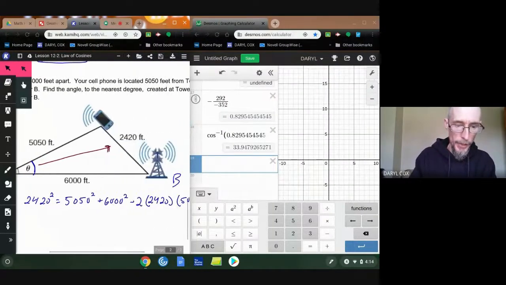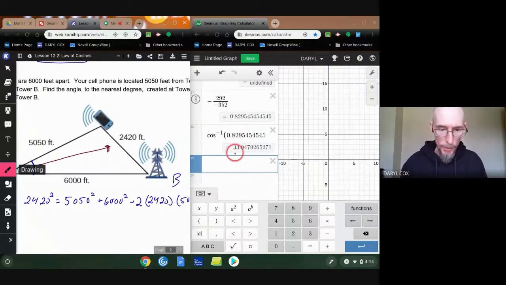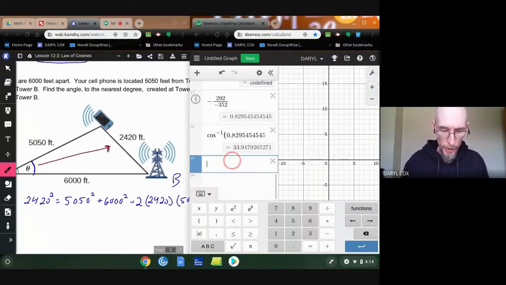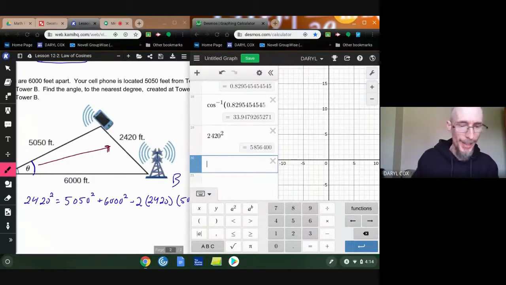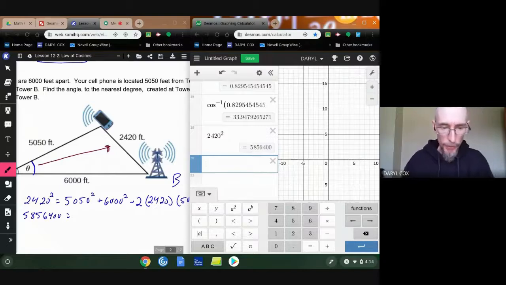So let me pull that over so I can see a little better. So let's see. Let's start off with the 2420 squared. 2420 squared. Bam. Big number. I knew it was going to be big, but that's okay. 5,856,400. Okay. 50/50 squared plus 6,000 squared.